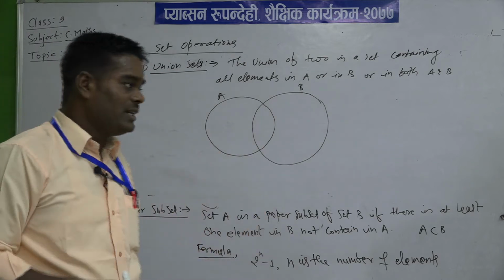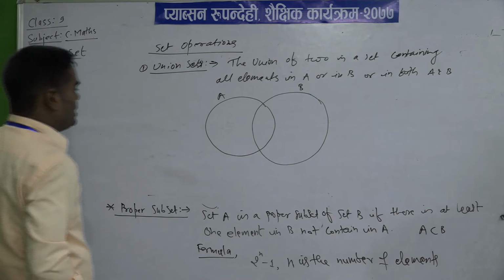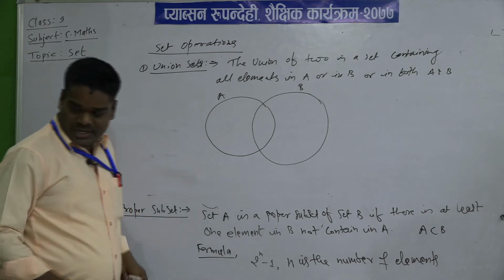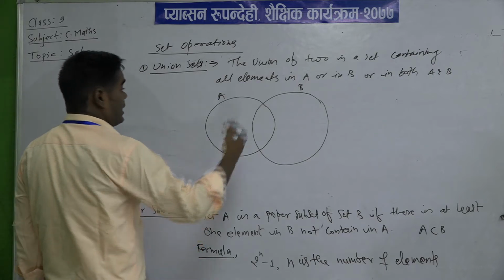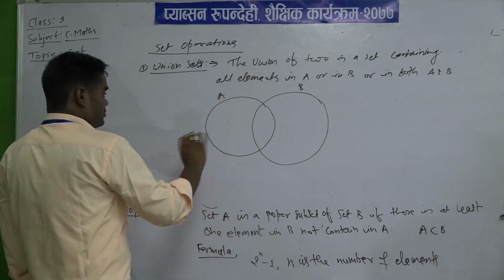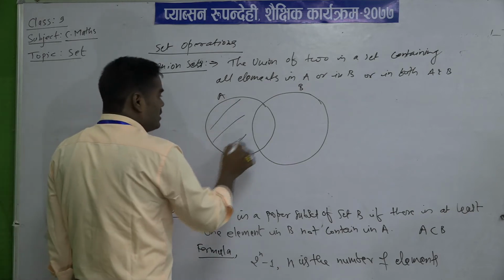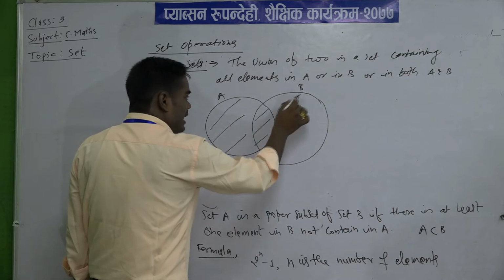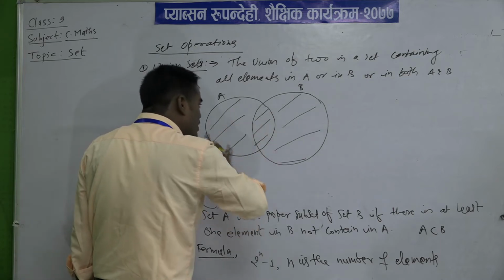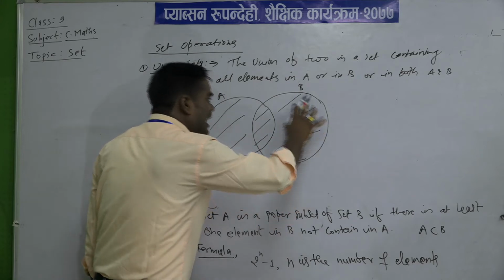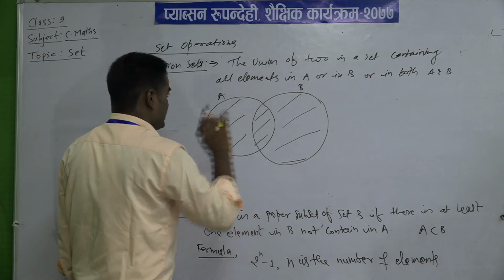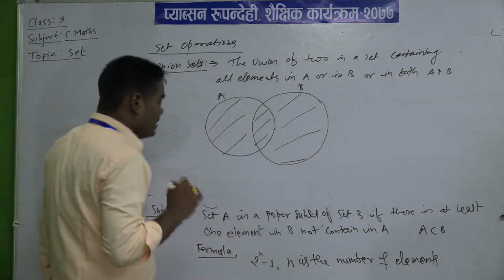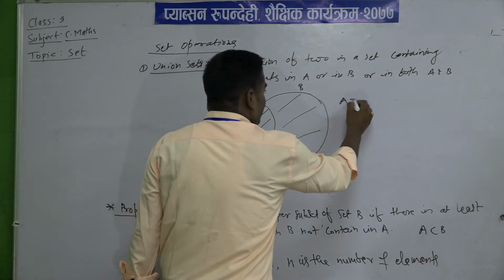If there is some common region in both, such sets are known as overlapping sets. So, if you combine all the elements of A and B, this is the result of the union set.